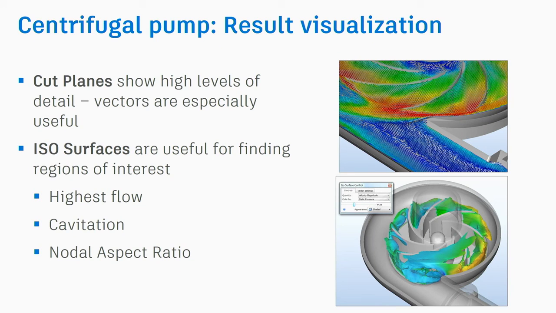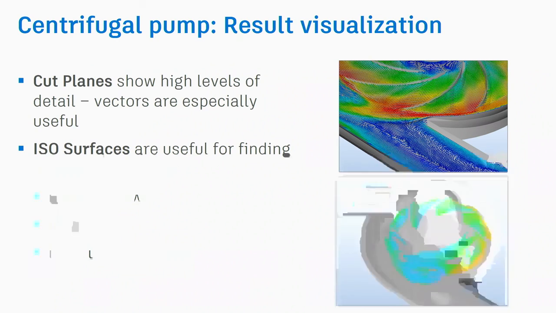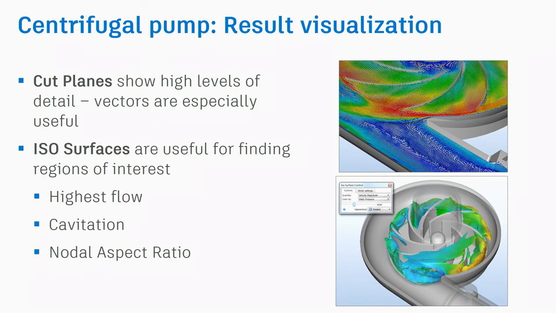It's when the water pressure goes underneath the vapor pressure. Cool. Smart one. Then you can also find the regions where the mesh is bad by looking at the variable nodal aspect ratio.